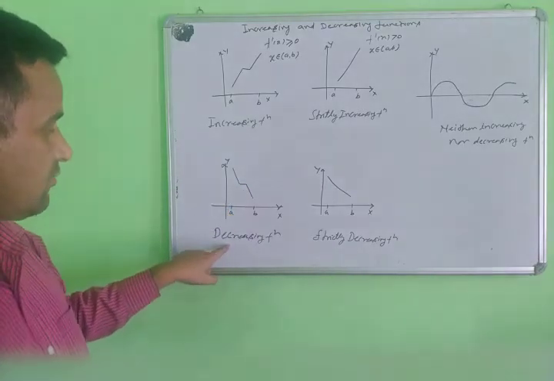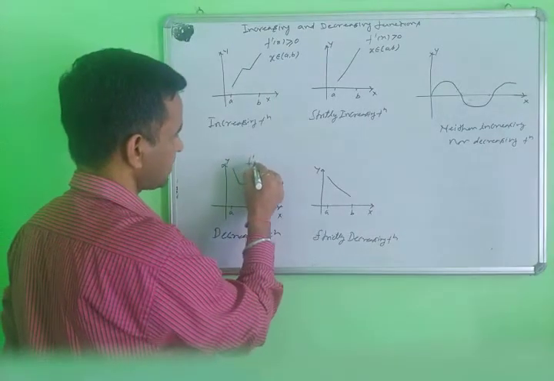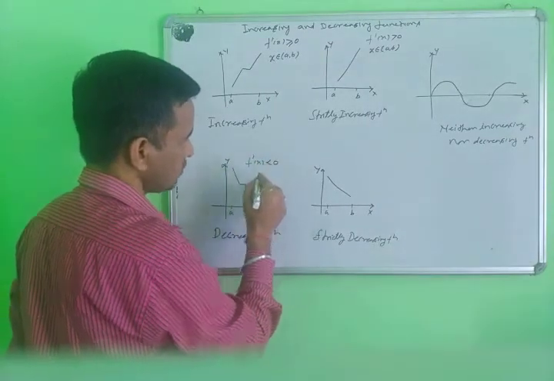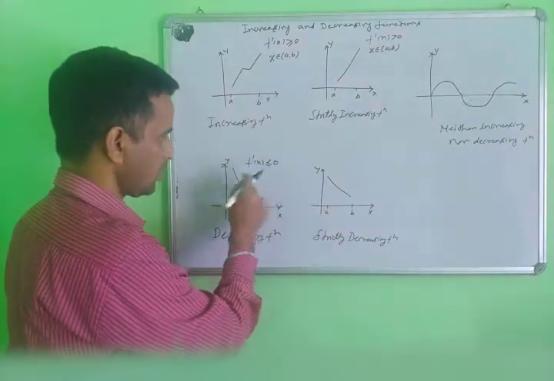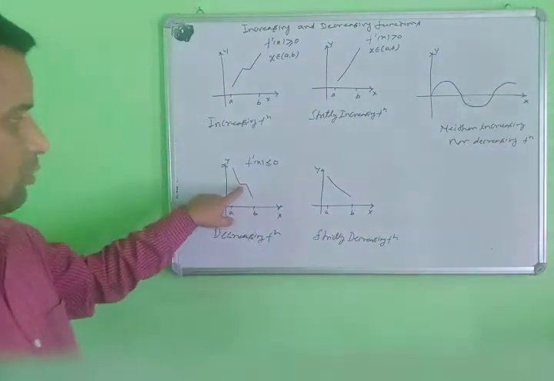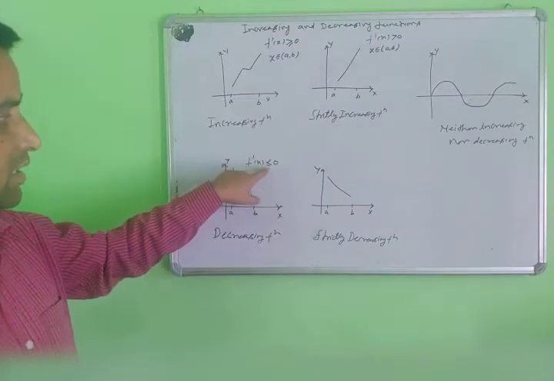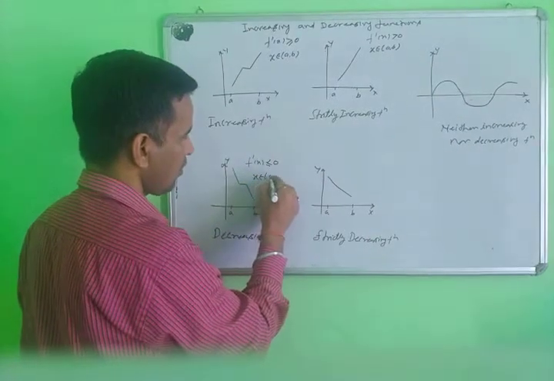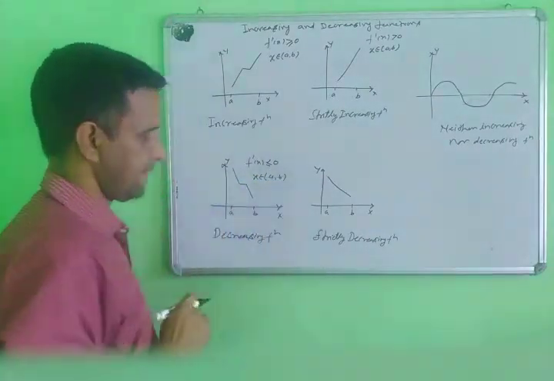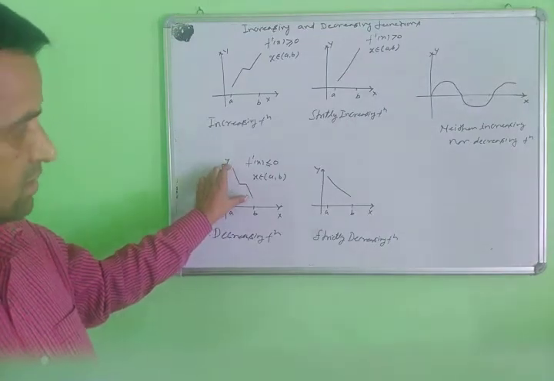Then you can say your function is a decreasing function, and you will write f dash x less than or equal to 0, because in this interval the slope of the tangent is 0. Then f dash x less than or equal to 0, where x belongs to a b. This means the function is not continuously decreasing.